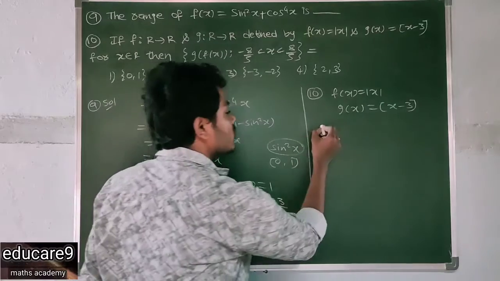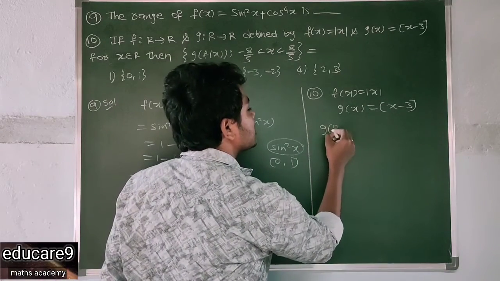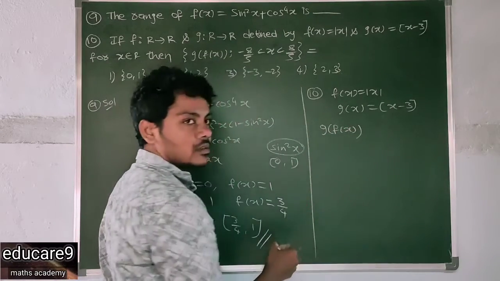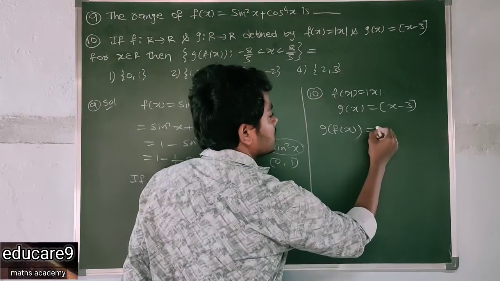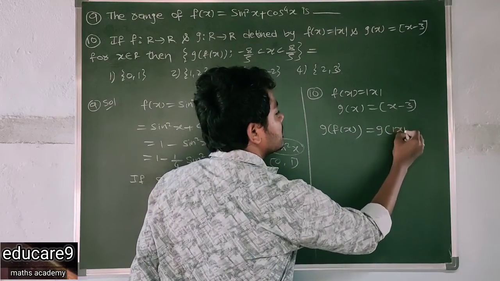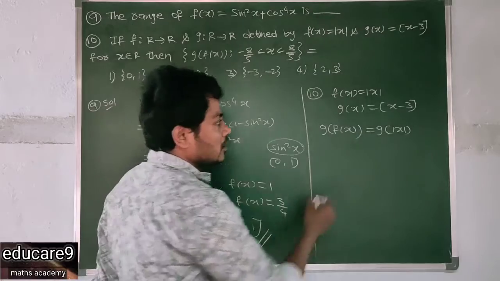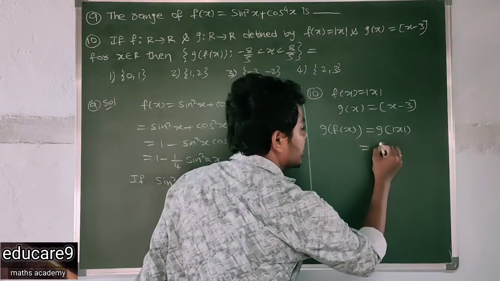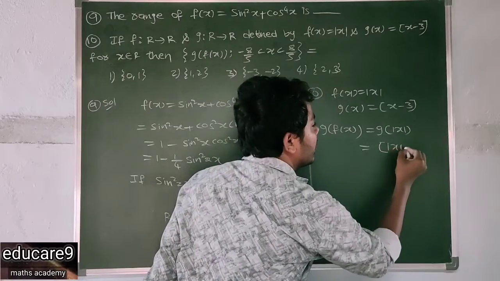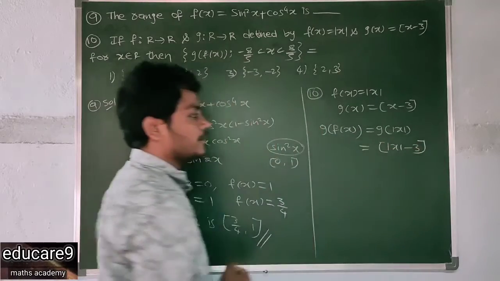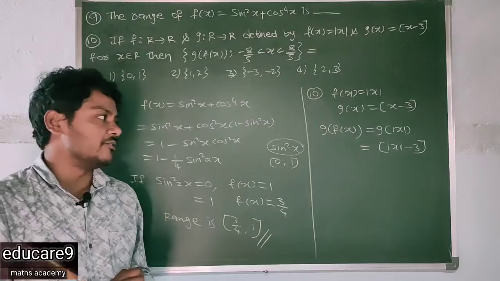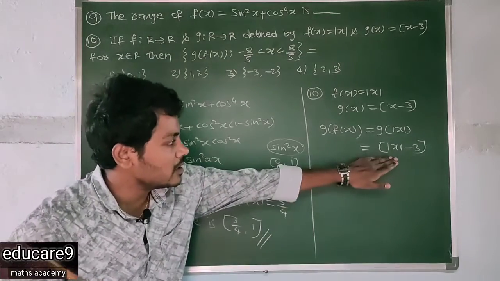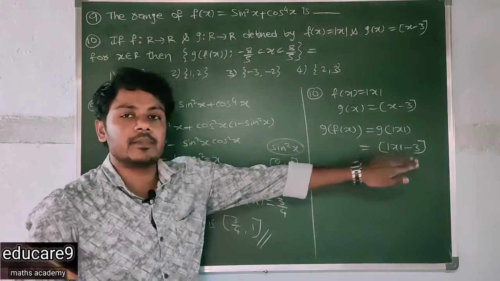See here, what is g of f of x? So this is g of mod x. Now g of x is step of x minus 3, so this can be written as step of mod x minus 3. So this is the composite function and that value is step of mod x minus 3.